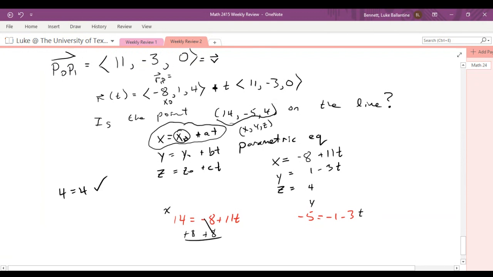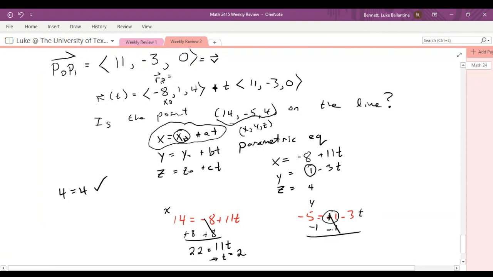So what is that? 14 plus 8 is, that's 6, and then another 2... so 22 is equal to 11t. So that means that t is equal to 2. This should be a positive 1. Right? Yeah. Positive 1.